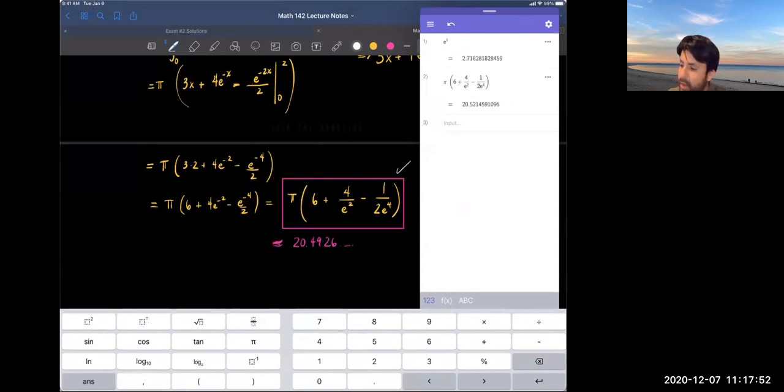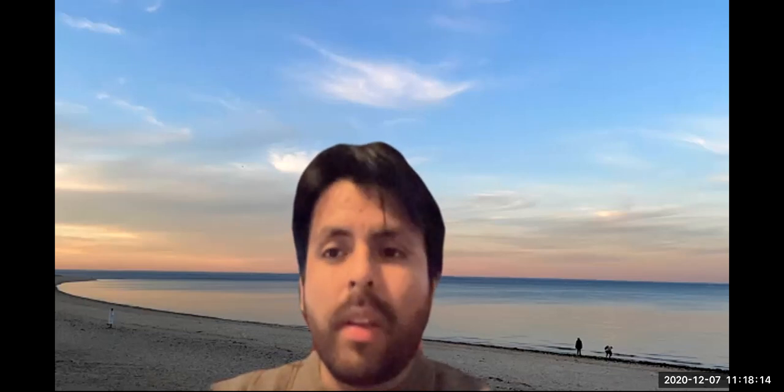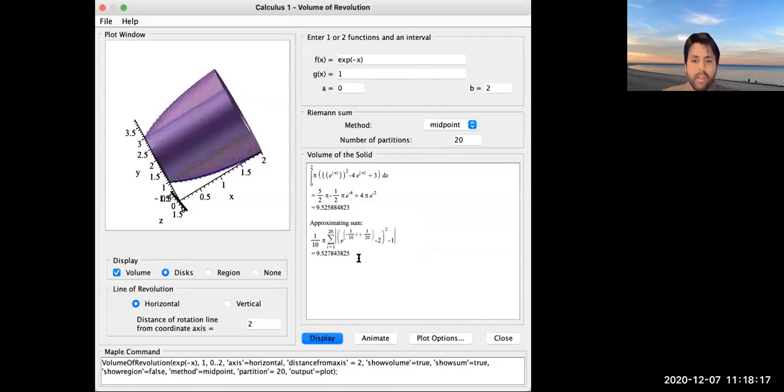See, multiply. 6. Wait a minute, let me see. It says 9.2, 0 to 2, negative 2, 1. I got 9.525. This is 4 pi. We got 4 pi.